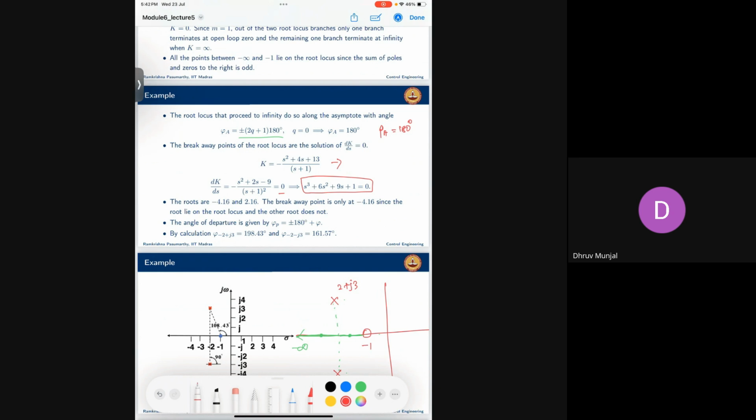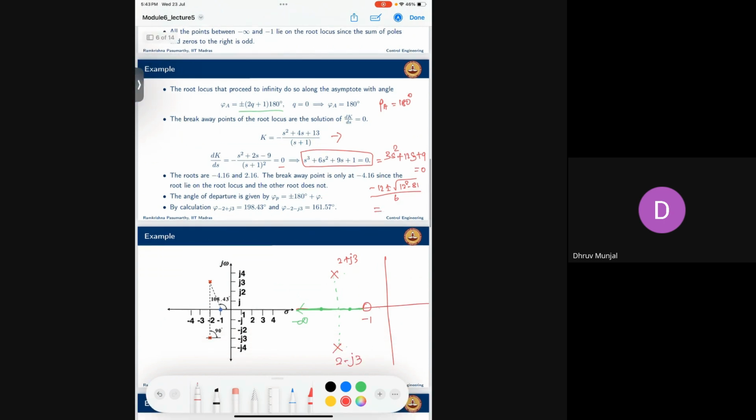Yeah, this is not being differentiated. This will be 3s square plus 12s plus 9 equal to 0. So you will get minus 12 plus or minus root of 12 square minus 4 into 9 into 3, 1281 divided by 6, right?